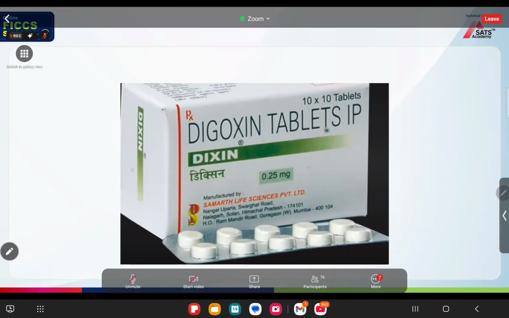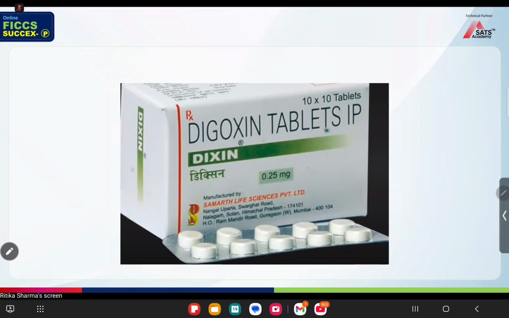Can you tell me what is the digitalis effect, the digoxin effect? Ma'am, when the patient is digitalized, the patient will present with bradycardia. Digoxin effect and digoxin toxicity, are they the same or different? I'm thinking actually.